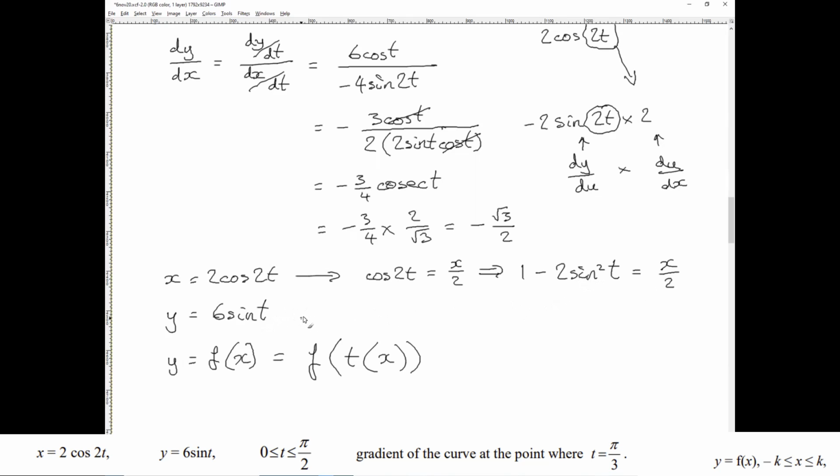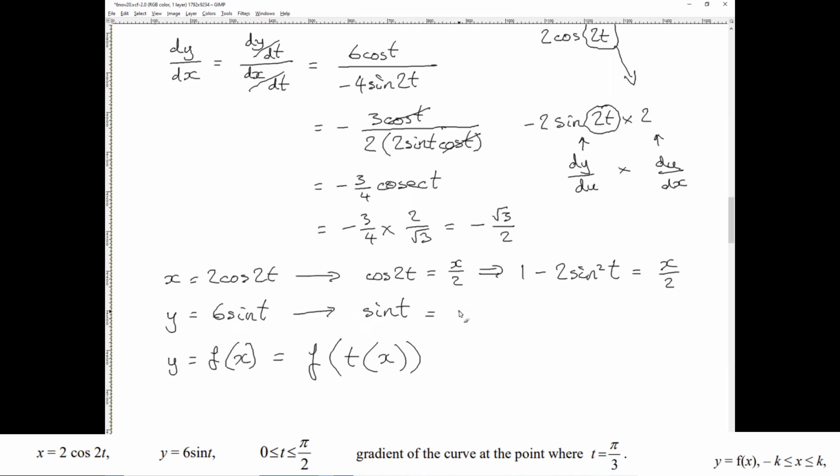Although, we've almost got sine in terms of x, and we've almost got sine in terms of y. Let's get sine t in terms of y, then I think you'll see a good way.